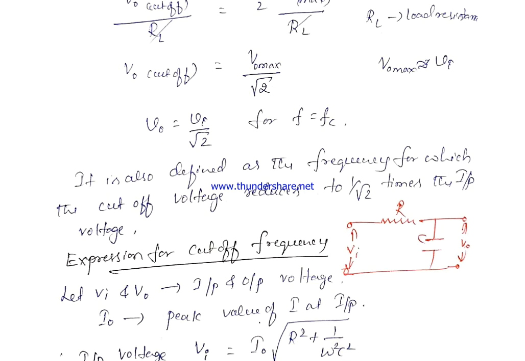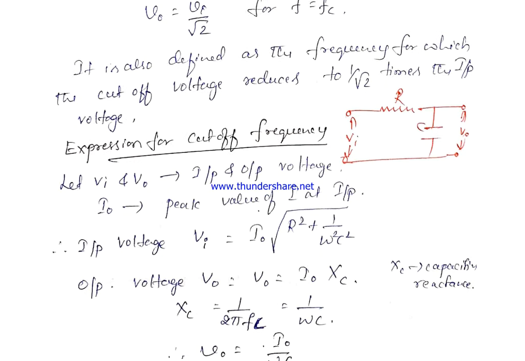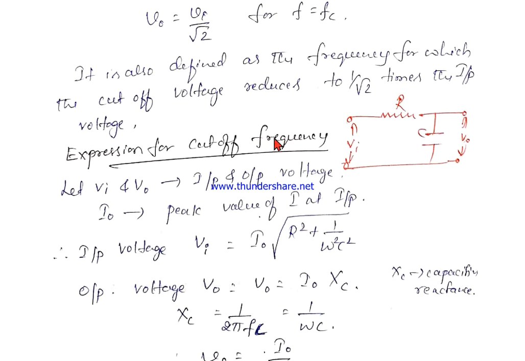So cutoff frequency is also defined as the frequency for which the output voltage reduces to 1 over root 2 times the input voltage. That is called the cutoff frequency. So we can derive an expression for cutoff frequency using the same circuit.